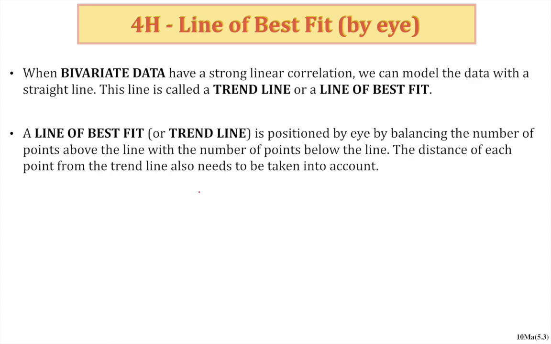Now, when you draw that line in, what we're going to do is this. So let me just redraw another one. We're going to have a few dots. Here's my points. When I draw in my line of best fit, it's really important that you notice that there are a few dots above my green line and a few dots below it. I'm trying to get a balance.